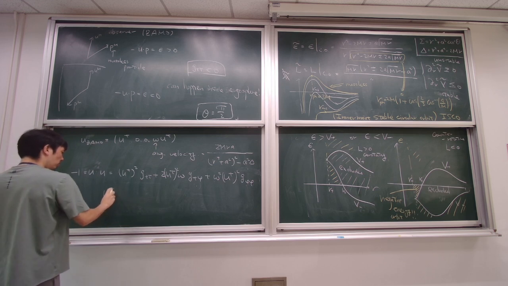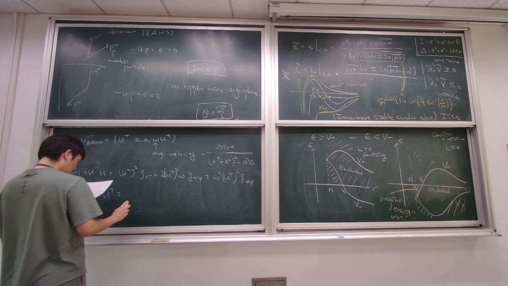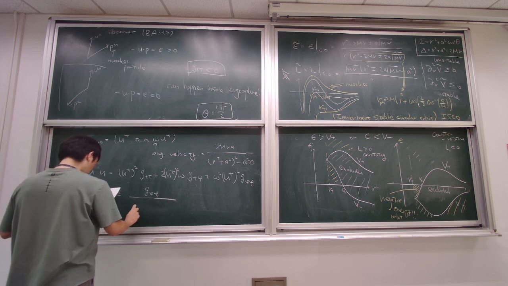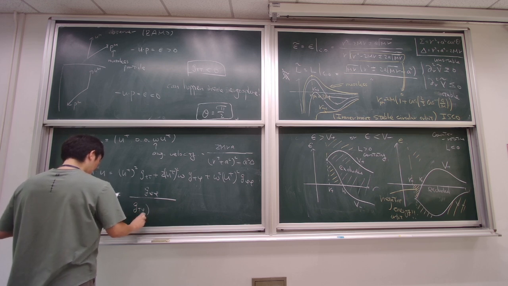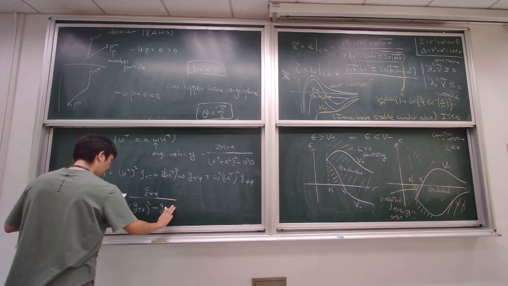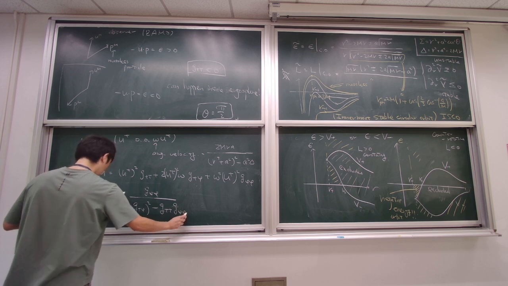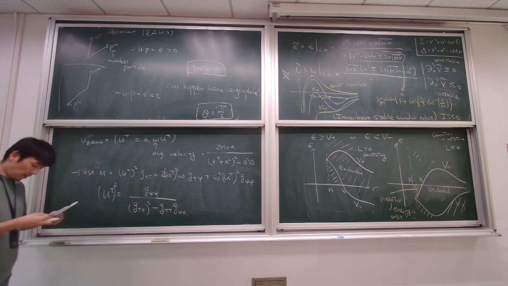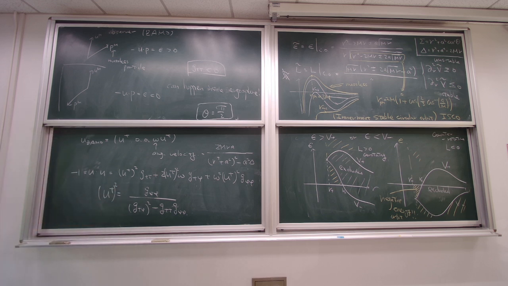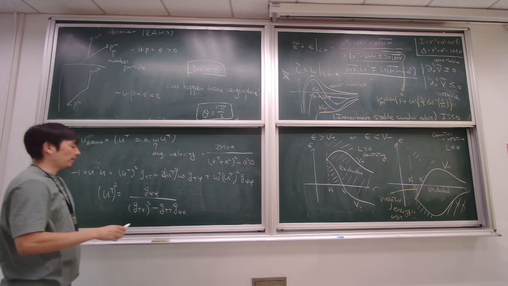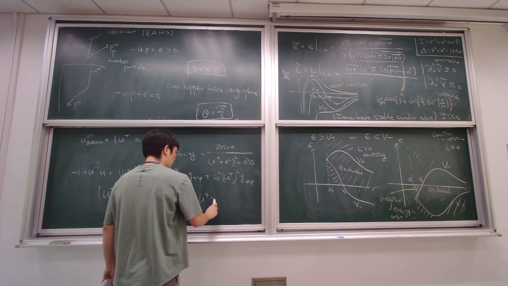And U^t squared is in fact given as follows: g_phiphi over g_tphi squared minus g_tt g_phiphi. Here we consider a future time-like vector, therefore U^t has to be greater than 0.